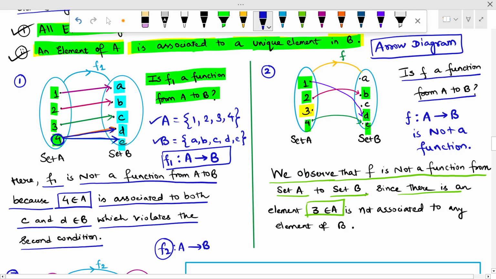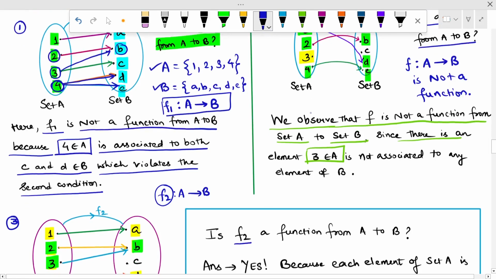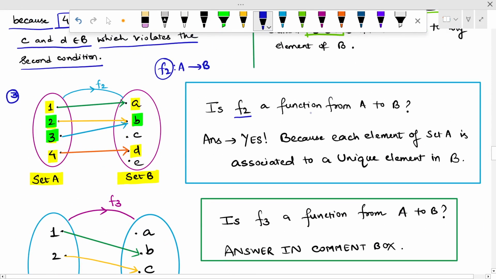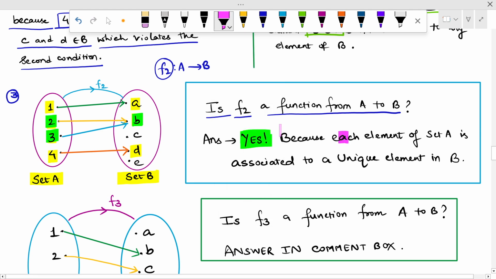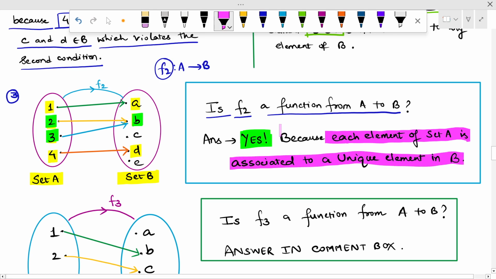But these two elements, suppose 2 and 3, they can have the same image over here. This is the concept. So, is f2 a function from A to B? We say yes, because each element of set A is associated to a unique element in B.